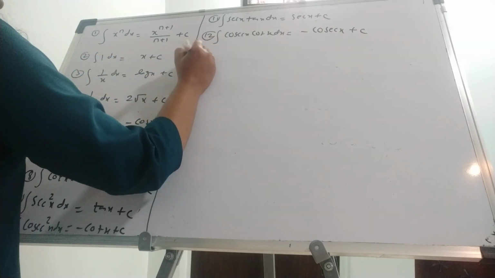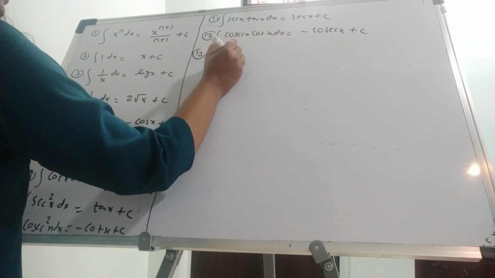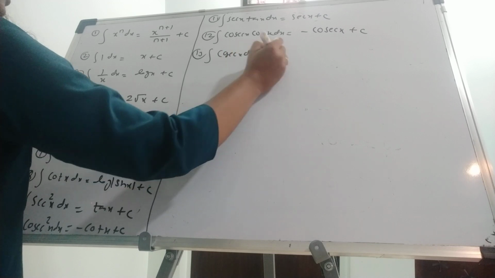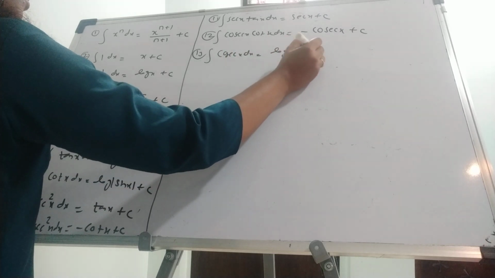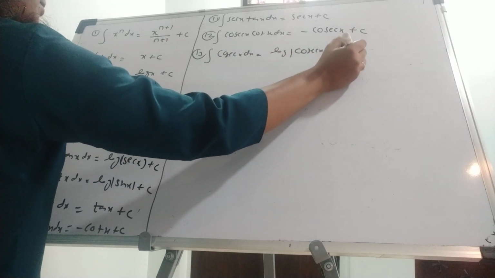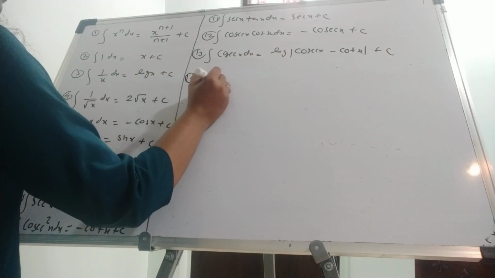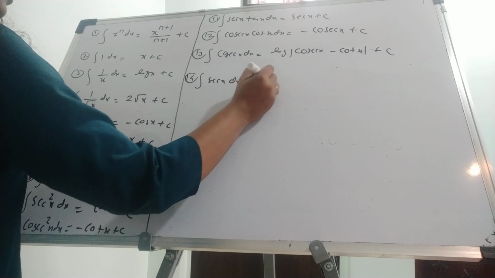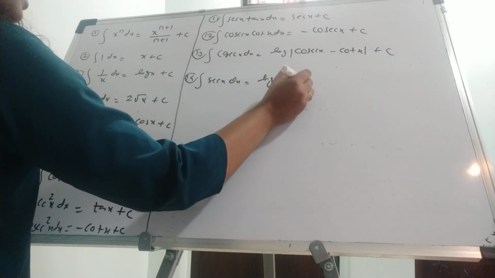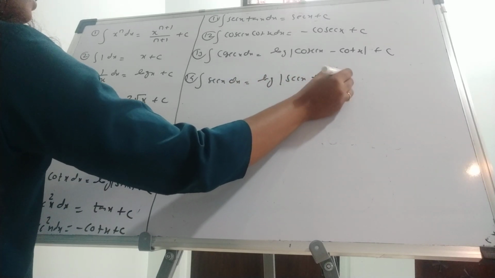Plus c. Then integration of cosec x is log of cosec x minus cot x plus c. Integration of sec x is log of sec x plus tan x.